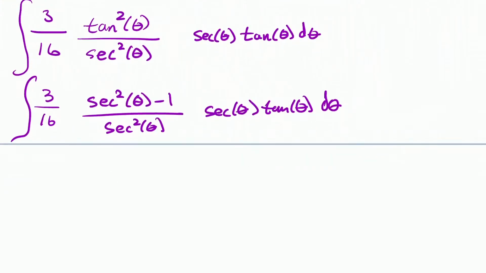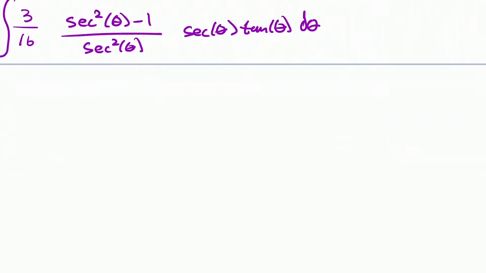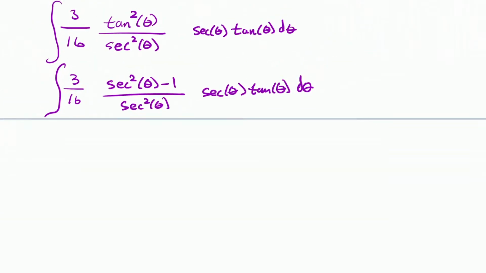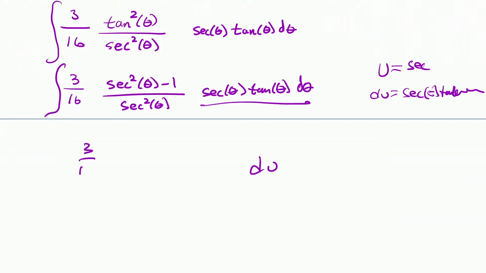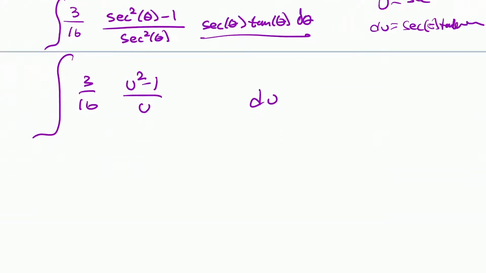Nice. Oh, it's too tempting. I've got to do it. So u is equal to secant, du is secant tangent. Yeah, whatever. So this becomes du. This becomes 3/16 u squared minus 1 over u squared, because secant squared. Look at that. So simple.